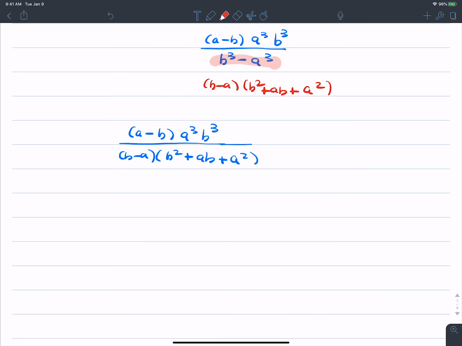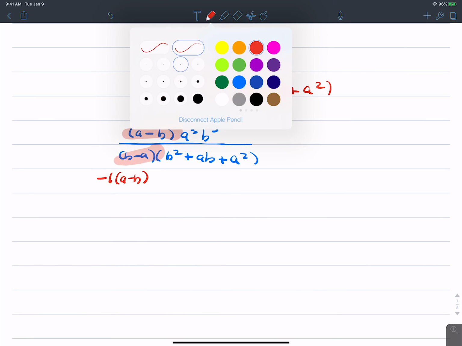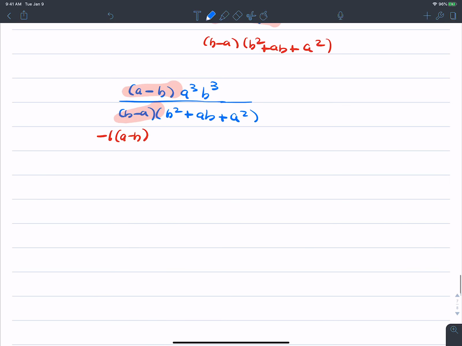Now the only terms here that can be canceled out is if we continue to factor this difference here. We can factor out, for b minus a, we can factor out a -1 and write this as a minus b here. So this bottom term can be factored. The top can also, but we're going to factor the bottom here so that the a minus b cancels.